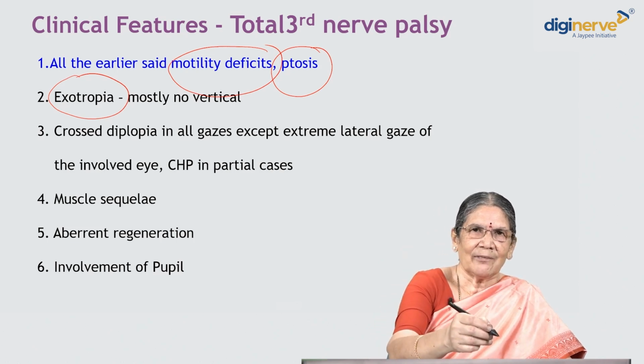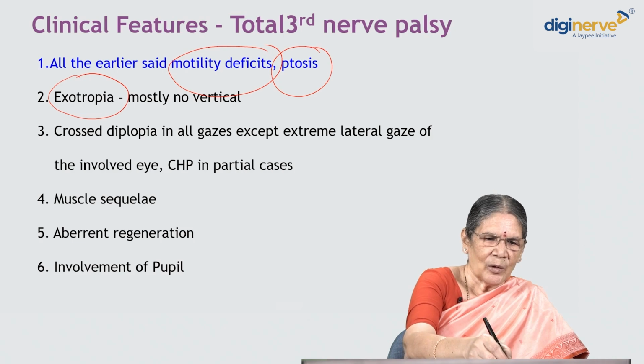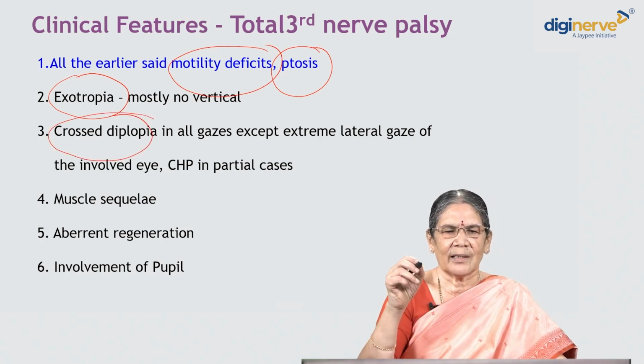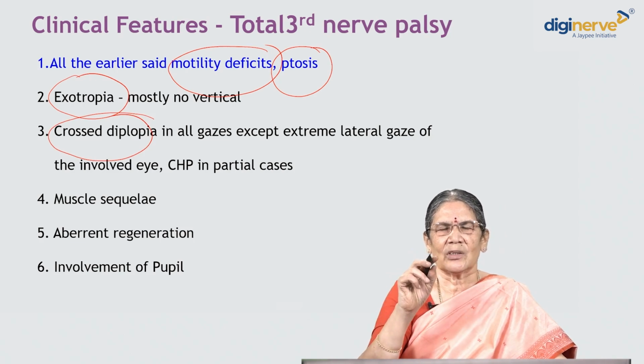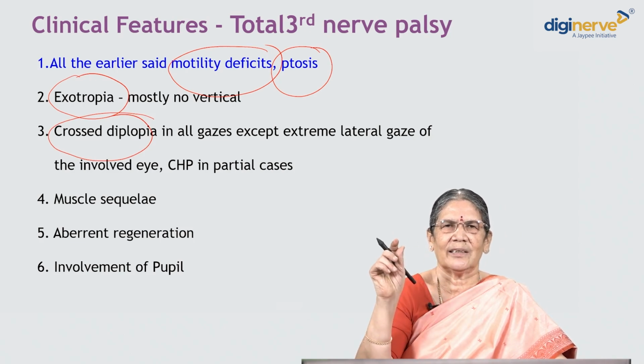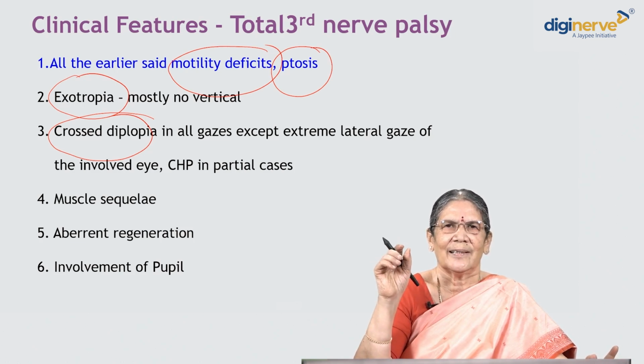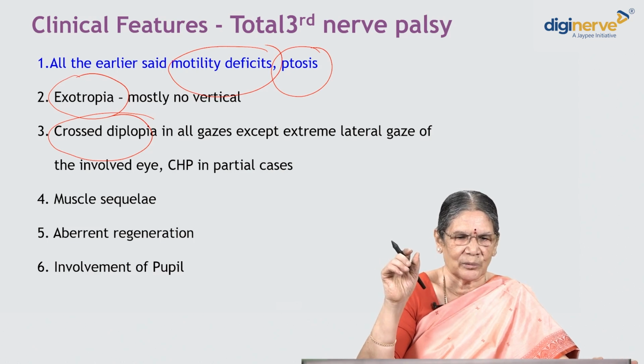And because of this, we have described under evaluation why there is a crossed or uncrossed diplopia, but herein you have a crossed diplopia because all the other movements are affected and the patient has normal gaze only on the lateral gaze. The double vision will be there in all quadrants except in the lateral version.